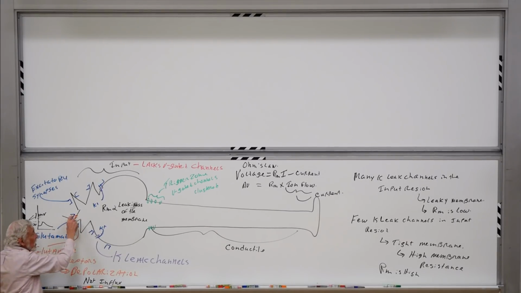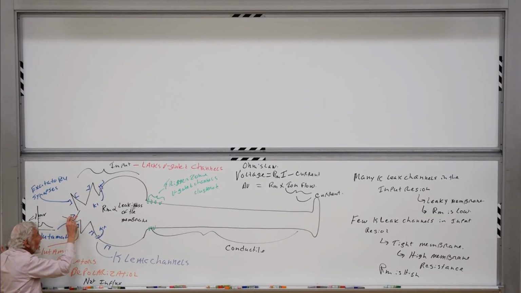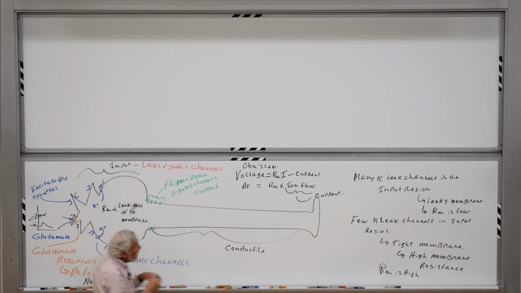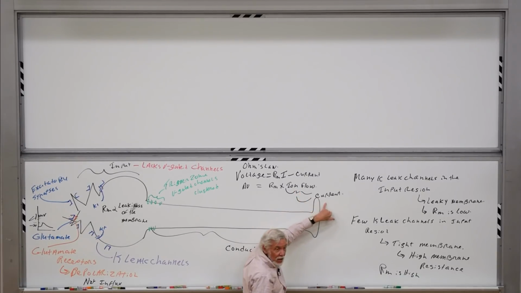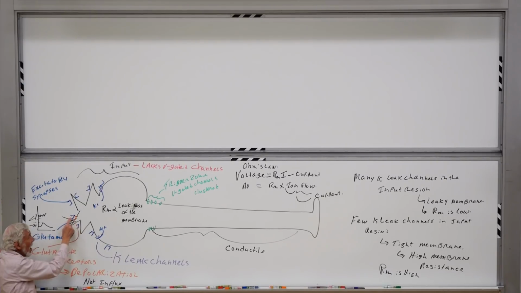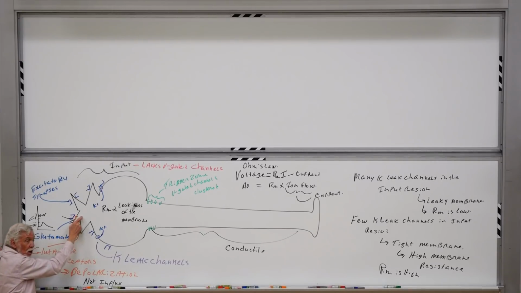And what we're doing here is opening these ligand-gated channels. When we open the ligand-gated channels, sodium flows in. What we're talking about is a flow of sodium. That's an ion current, the movement of ions. Now, the movement of ions is determined by the number of these receptors. If we have fewer receptors than we have neurotransmitter, then we open up all these receptors and the ions move in. That gives you a current, a number of ions moving per unit time.